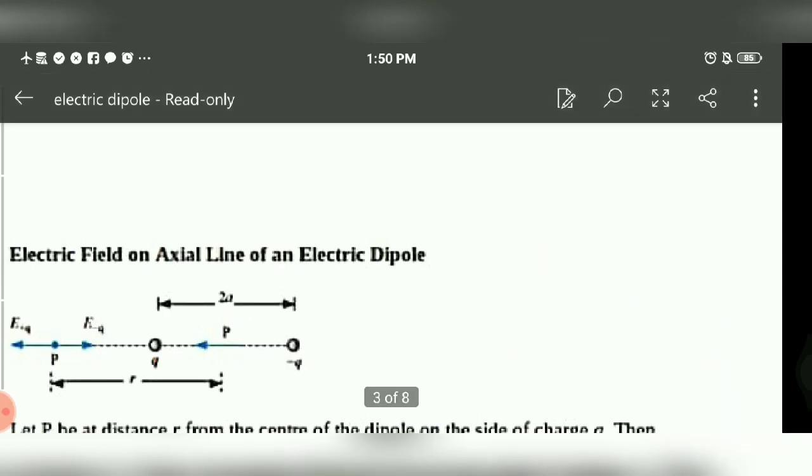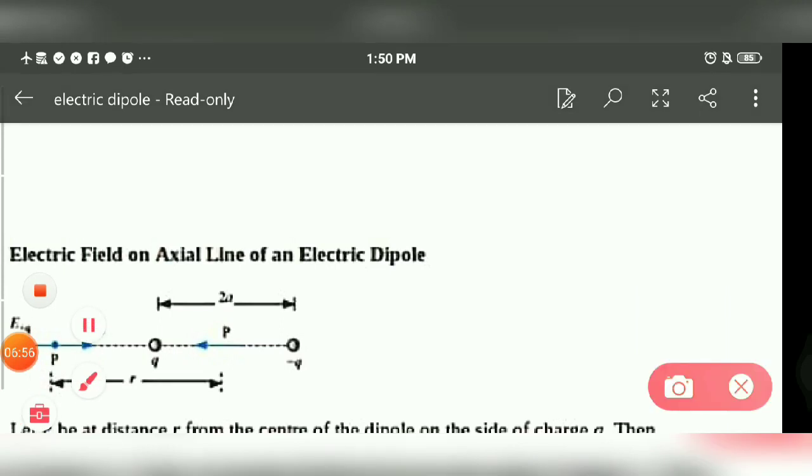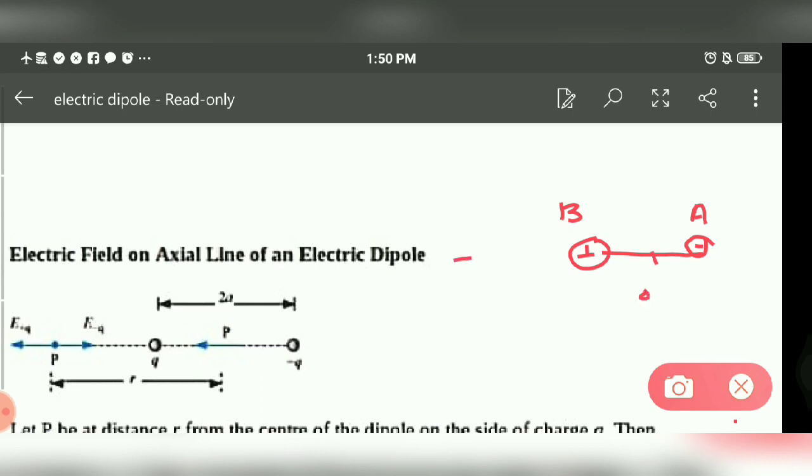So if we take here a point, negative, positive, P point, O, P point.